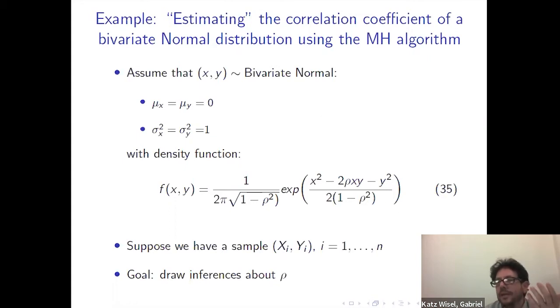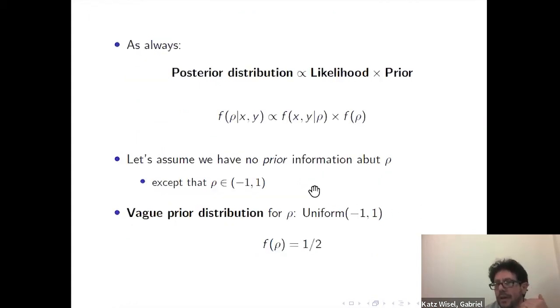Right? And as usual, the posterior is proportional to the likelihood times the prior, and assume that we adopt a uniform prior for rho, a uniform between -1 and 1, which are the bounds of a correlation coefficient.